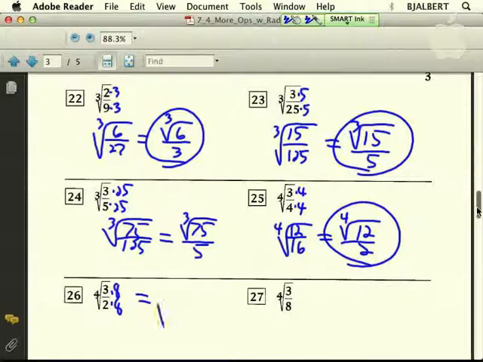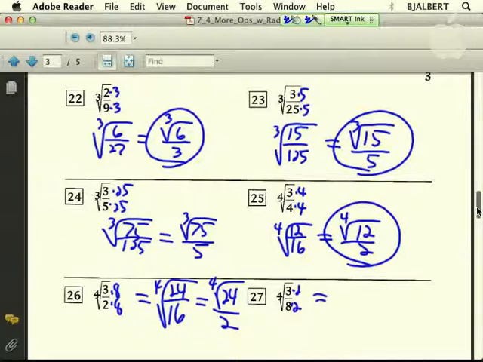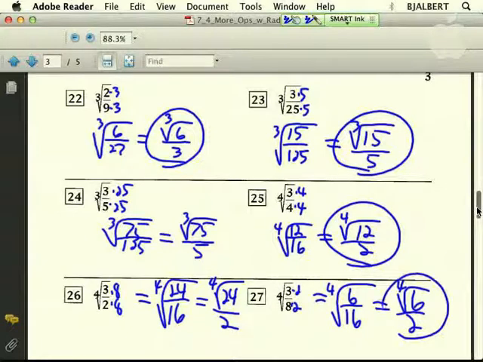So you'd have the fourth root of 24 over 16, which is the fourth root of 24 over 2. And in 27, you multiply top and bottom by 2. So you'd have the fourth root of 6 over 16, which is the fourth root of 6 over 2.